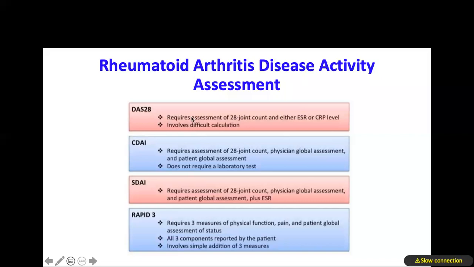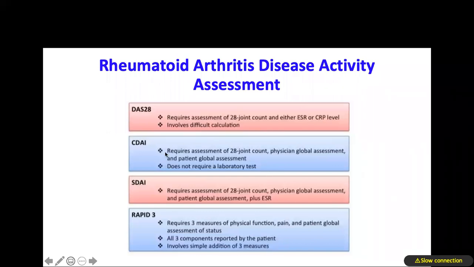There is a difficult calculation for DAS28, but I do it on an app, and most people do it on a computer. So it's quite easy. It takes me less than a minute to do the DAS28. Some people use this SDAI, which is also very useful to use in clinical practice.